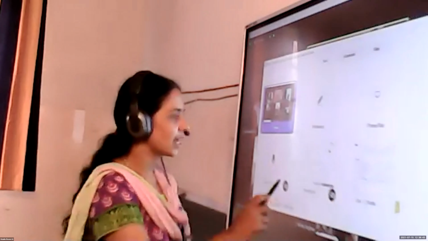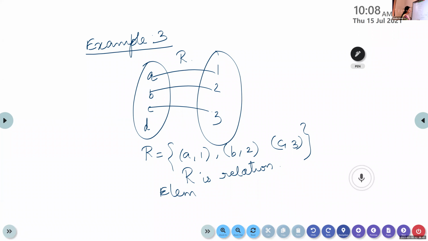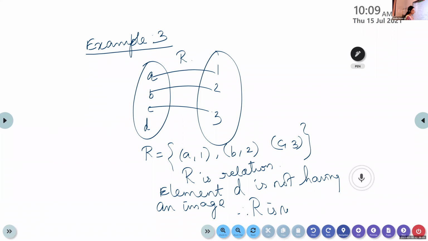What is the definition we are learning for a function? Every element in the domain should have a unique image. If you look at the element D, the element D is not having an image. Therefore, R is not a function. It is a relation, but it is not a function.